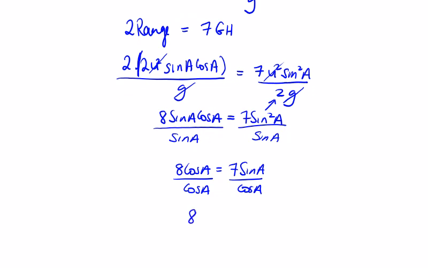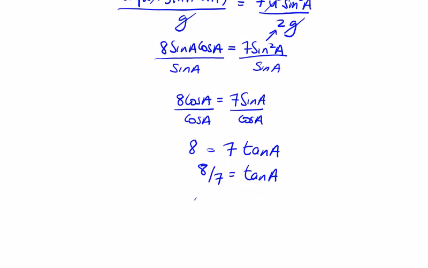Now you can obviously do this a little bit quicker if you wanted. 8 is equal to 7 tan a. So 8 over 7 is equal to tan a. And the inverse tan of 8 over 7 on a calculator is going to give me 49 degrees.